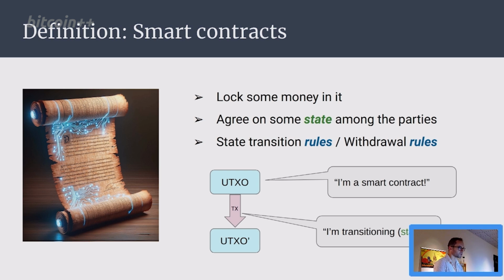But you can easily understand that if you have covenants that allow you to program inside the UTXO what the outputs of the transaction should look like, so what the UTXOs that you produce while destroying the ones you're spending look like, then you're able to propagate some state from one UTXO to the other. That looks promising in terms of doing this kind of computation and this kind of smart contract.